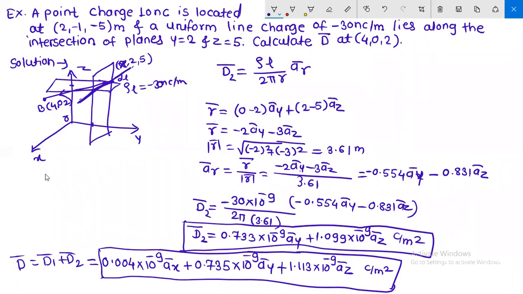But if the point is given in the negative direction, then just take the minus unit vector, that may be minus a bar x, minus a bar y, or minus a bar z. So you have to remember these 2 points, because at the time of exam you may forget such small points.